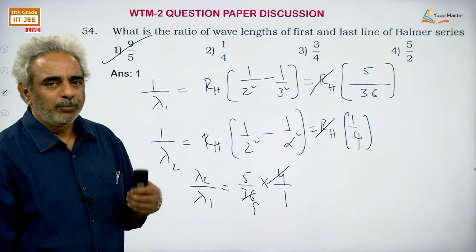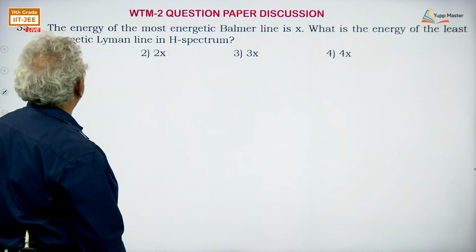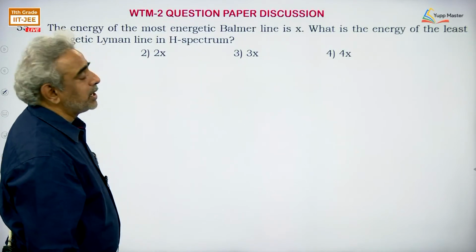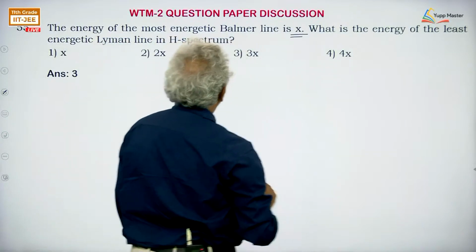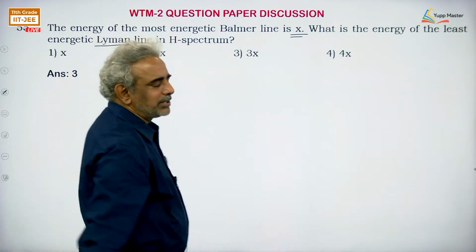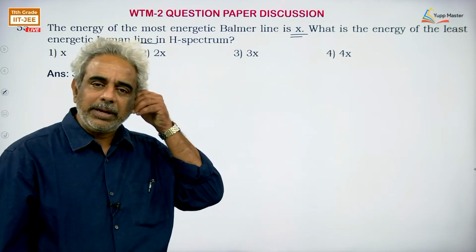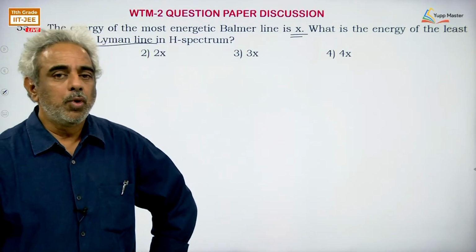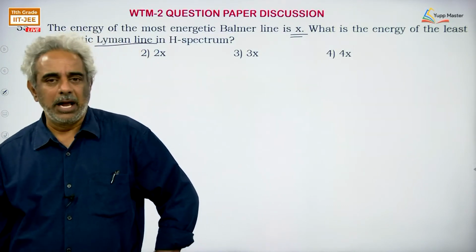See, this is about the energy. The energy of the most energetic Balmer line is X. What is the least energetic Lyman line? Now this time the series is also changed, but both are happening in the hydrogen atom only. Most energetic Balmer line, least energetic Lyman line.